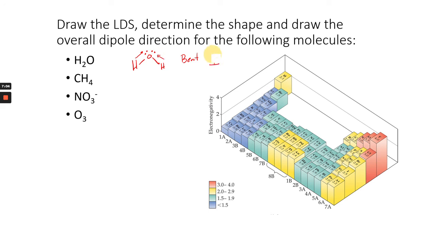Your overall dipole moment will be going up, and this is polar. CH4, I'm trying to draw it to look tetrahedral. The shape is tetrahedral. All of the dipoles cancel each other out, so this is nonpolar. It's very symmetric.